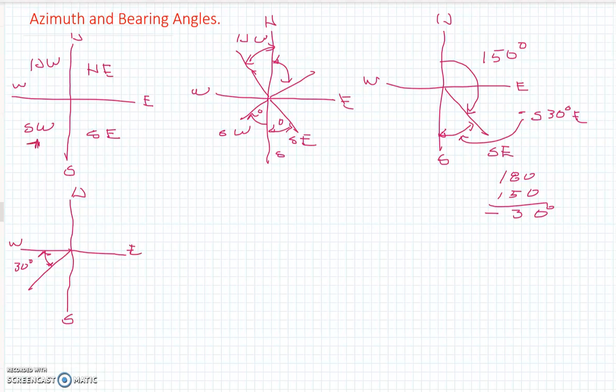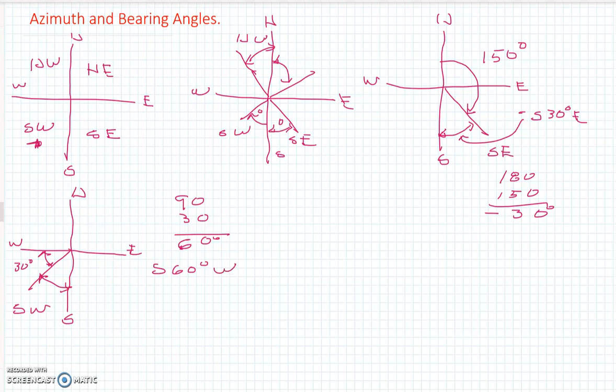This quadrant over here, southwest. And this will be your bearing, okay? So your bearing will be 90 minus 30 degrees. That will be 60. So your bearing will be south 60 degrees west.